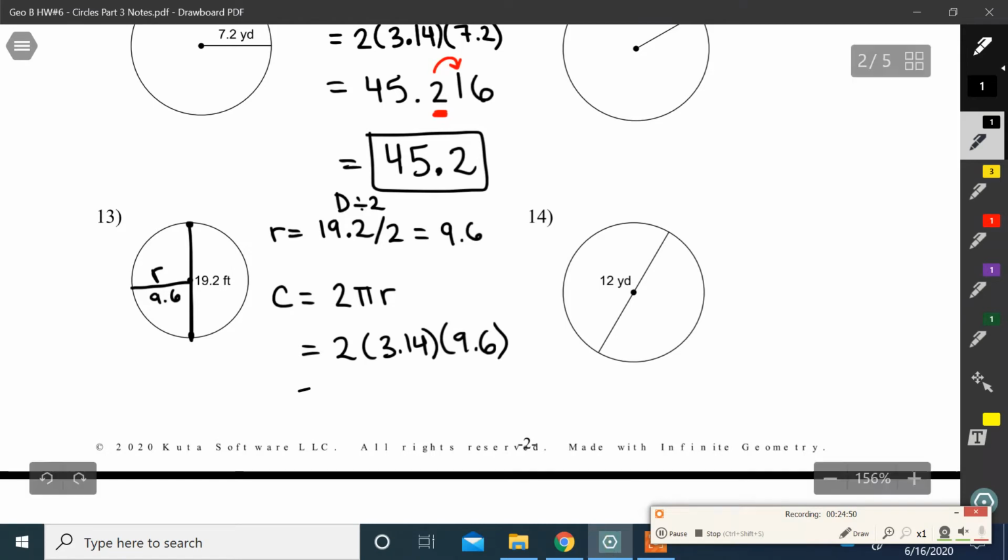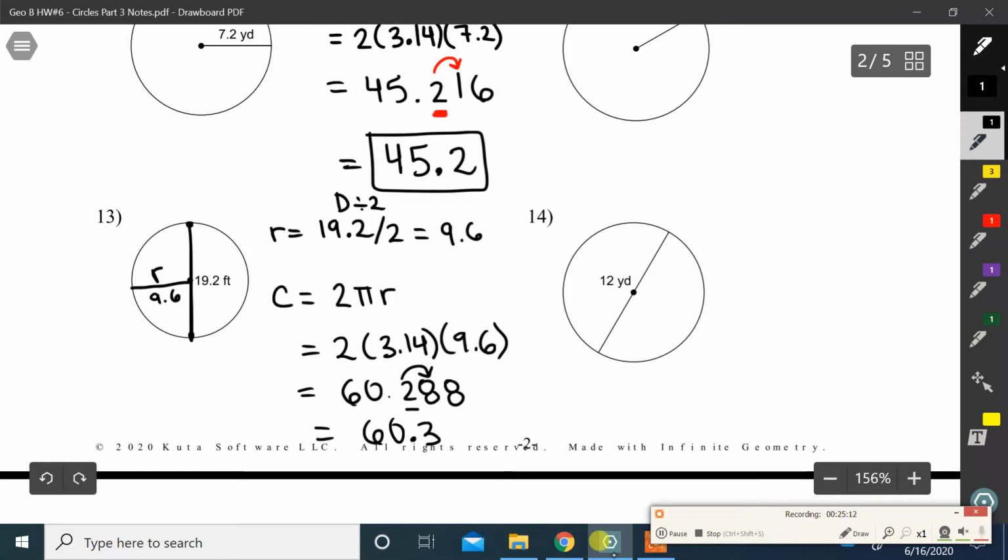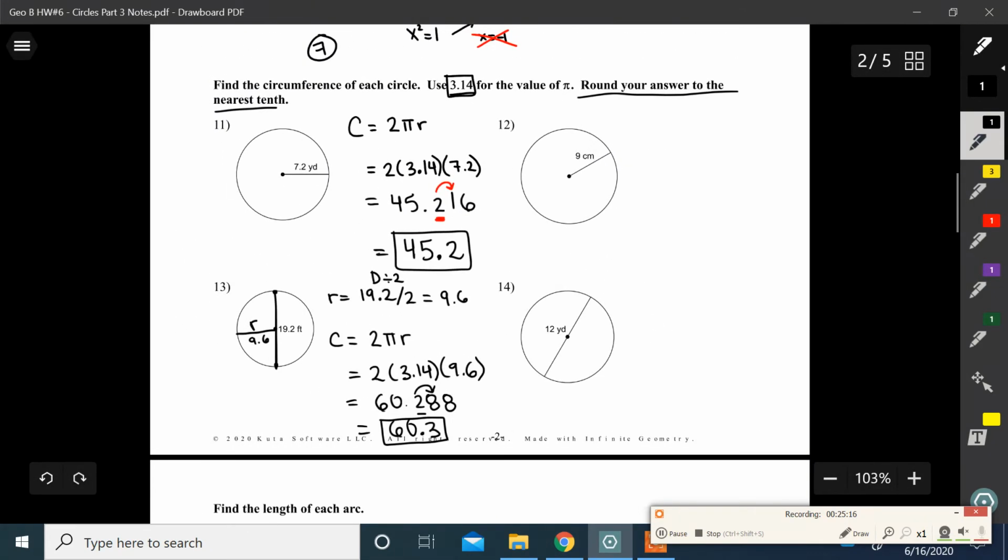That's going to give you 60.288. Like I mentioned before, we do have to round to the nearest tenth. That right there is my nearest tenth. Take a look at the number next to it. If it's bigger than 5, that 2 needs to go up. So it's now going to be 60.3, and that is what we need to submit on Canvas. Okay, 60.3.